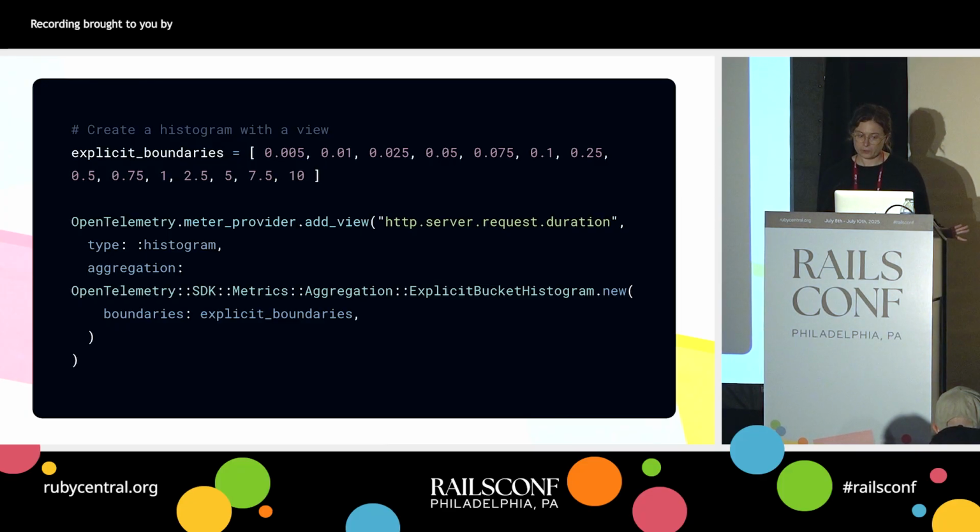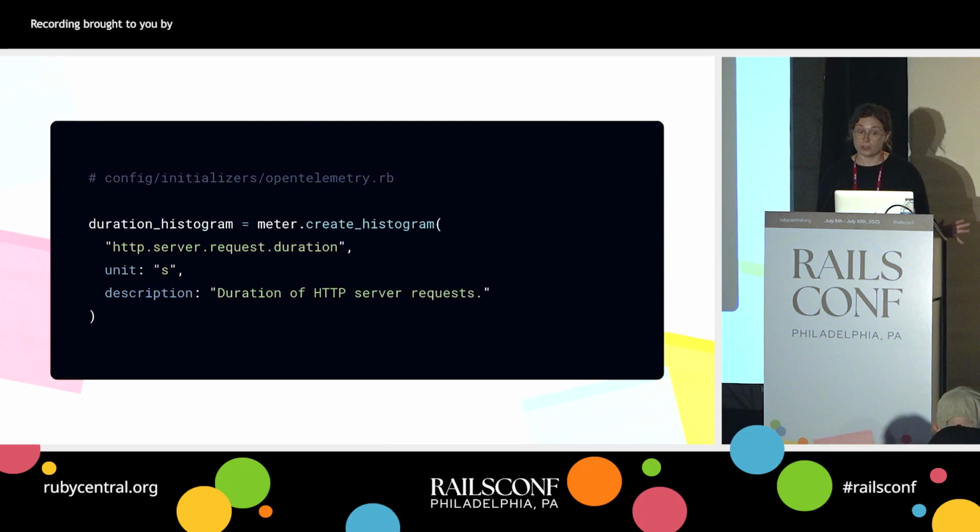Now that we've created our view with our custom boundaries, we're going to create the instrument. So at the bottom of this initializers page, we're going to add our duration histogram. Instead of calling create counter, we call create histogram. We'll give it the name that was in the semantic conventions, HTTP server request duration.